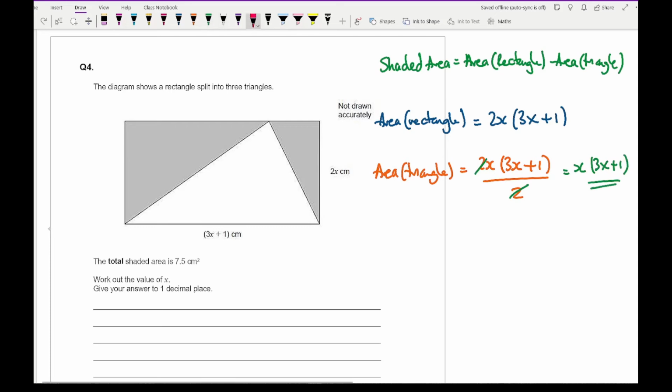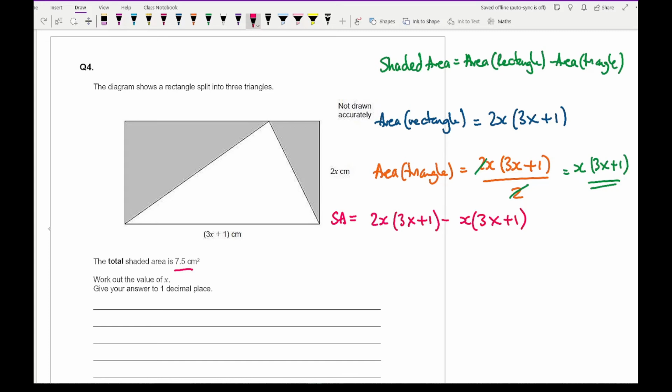Now, to work out the shaded area, well, the shaded area is 7.5, so if I just write the SA, which try not to get confused with surface area, is going to be 2x(3x plus 1), take away x(3x plus 1).